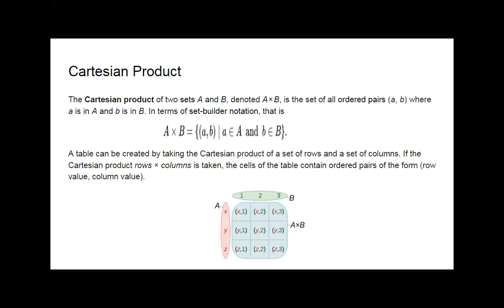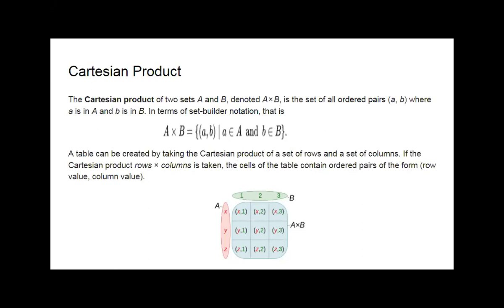It is the set of all ordered pairs (a, b), where a is in set A and b is in set B. The ordered pair is written in parentheses as (a, b). In that, a is from capital A and b is from capital B.